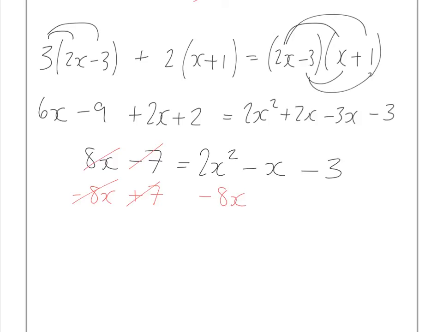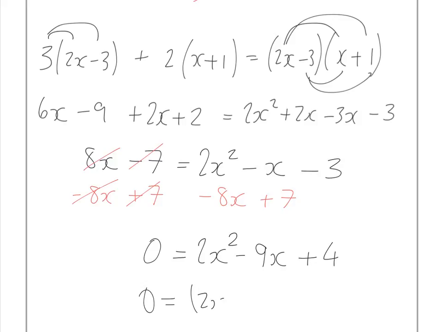Taking away 8x and adding 7 to the left hand side leaves me with nothing. 2x squared minus x minus 8x is minus 9x, minus 3 plus 7 is plus 4. At this point we're looking to get x equals, and it's a quadratic, so we're going to need to solve. You can either use your calculator or the quadratic formula or factorize, which is what I'm going to do.